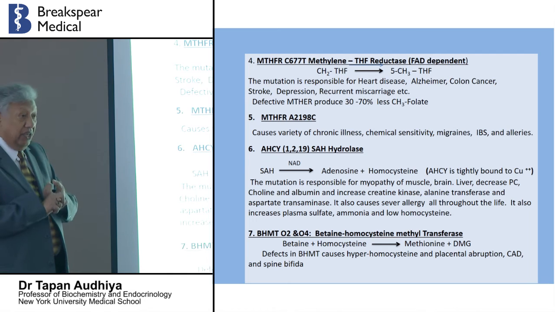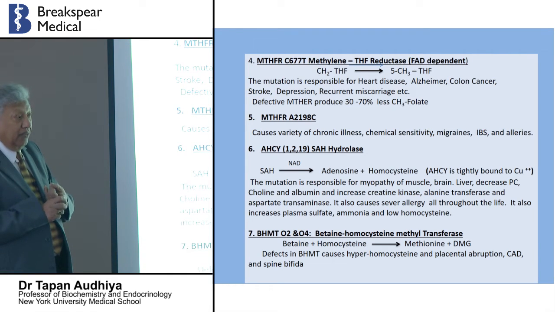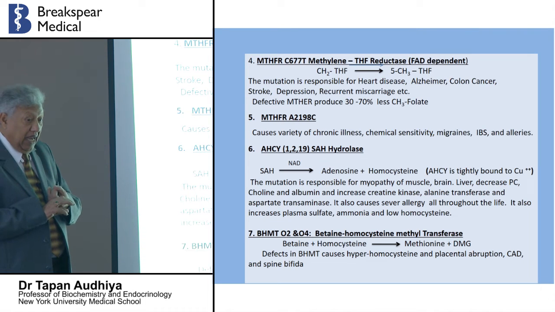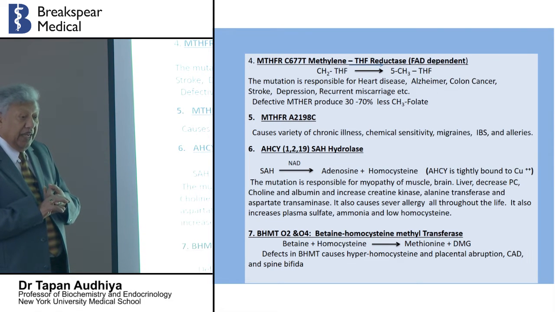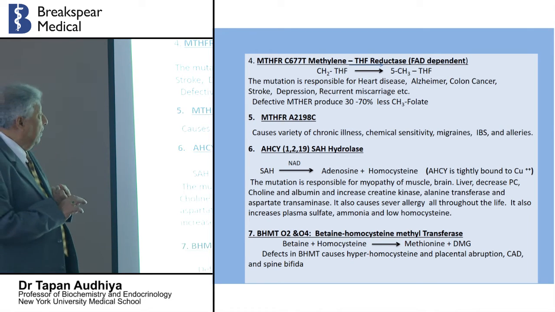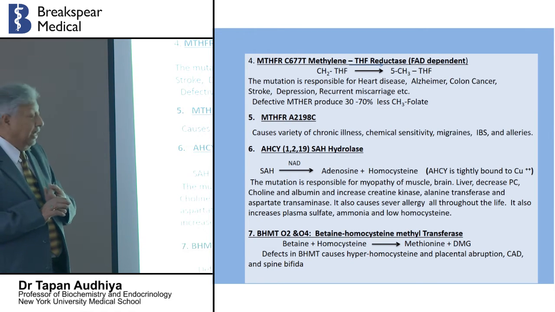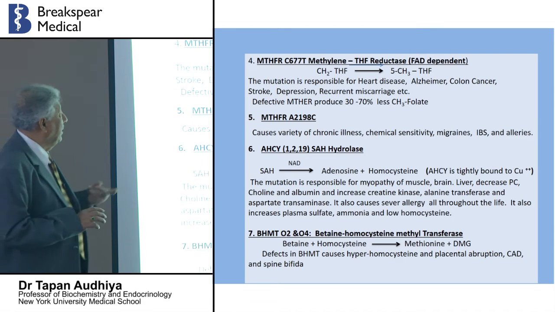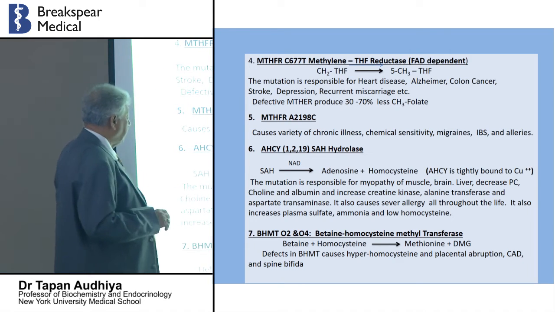For autistic children, I find the maximum amount of mutation. And people with a cancer and inherited disease like phenylketonuria and other things, those cases, there are about 20 mutations. But these two are very common.